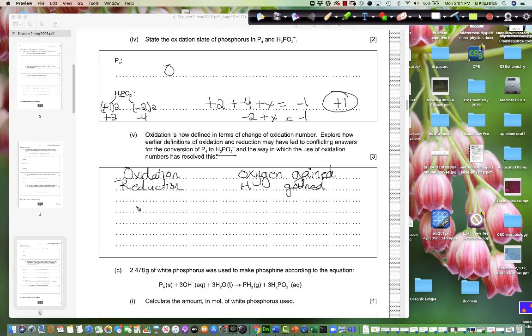So oxidation, which is the loss of electrons, we can look at the oxidation number. If the oxidation number increases, then it's been oxidized. If the oxidation number decreases, then it's been reduced. So using the old school definition, you can't really tell what's happening to the phosphorus here.